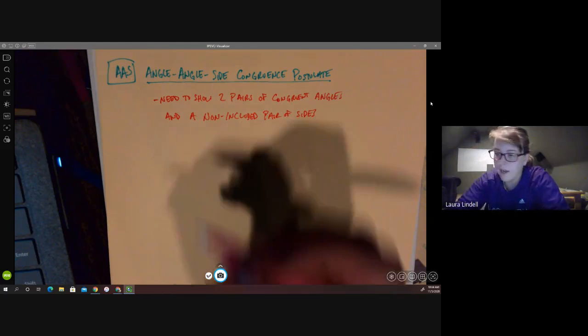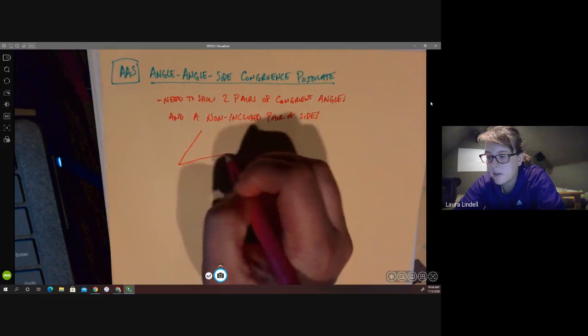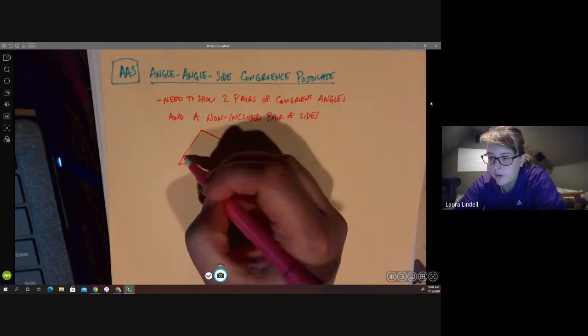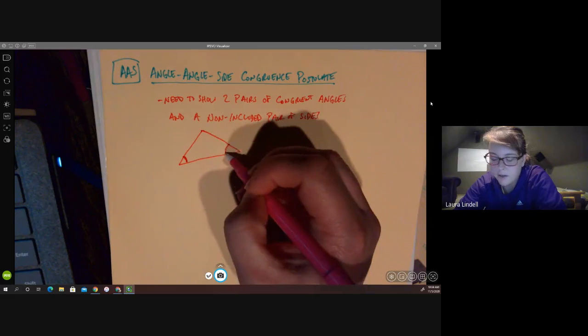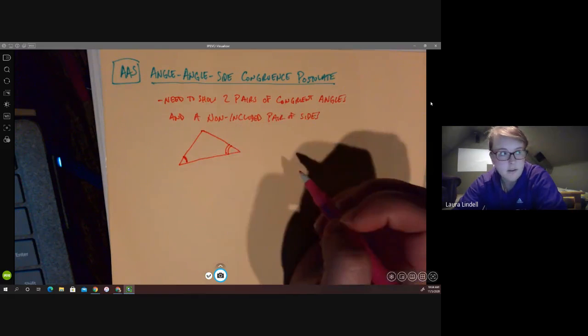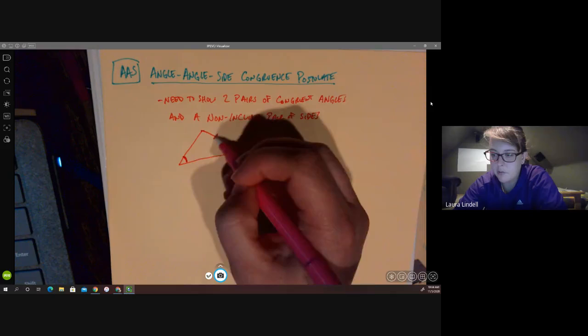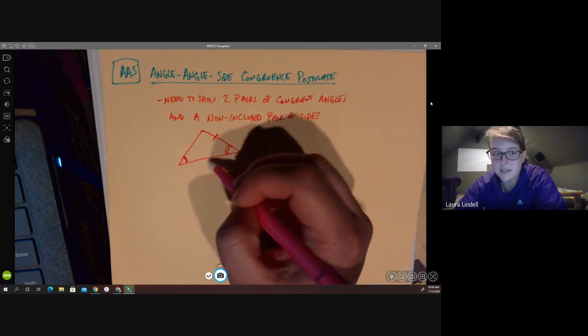So the picture that we get for this, you could have something like this where we know a pair of angles, we know the other pair of angles, and then we know one of the sides that's not the side that's in between.